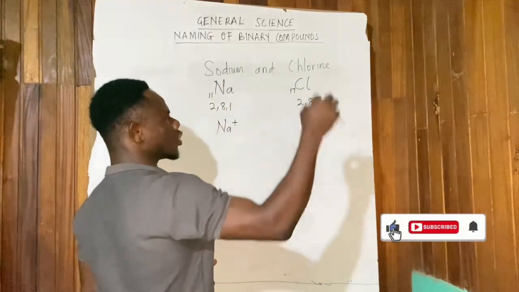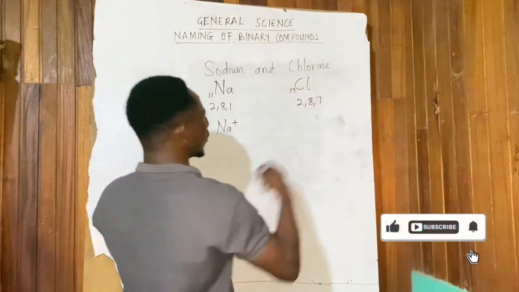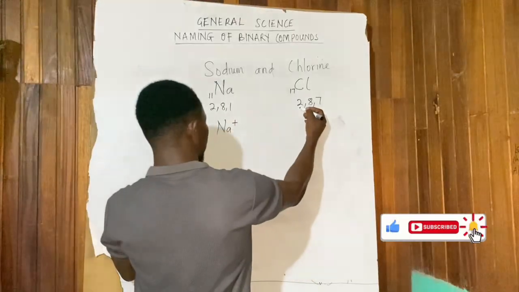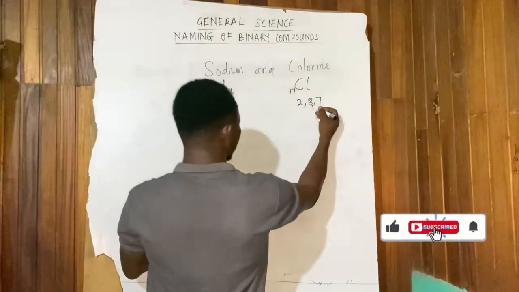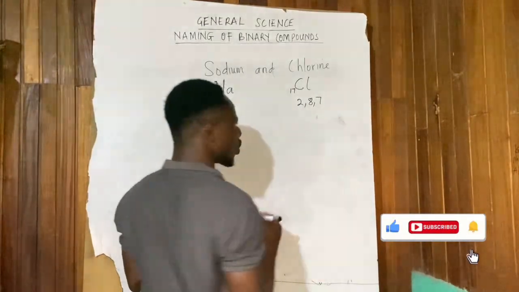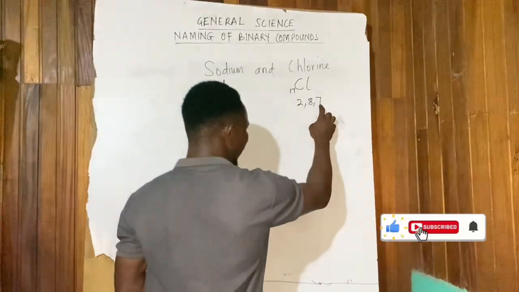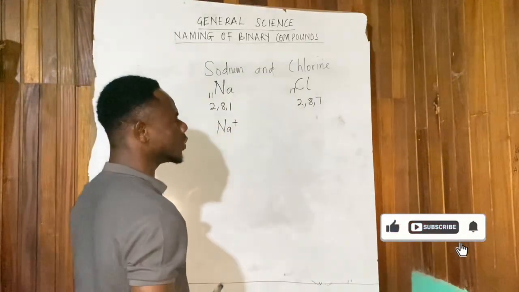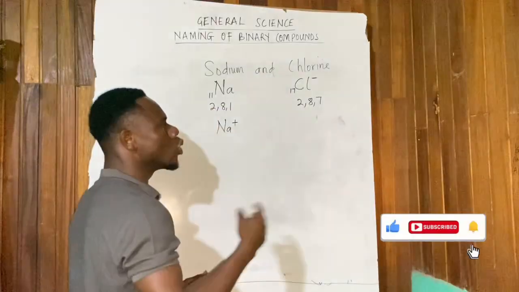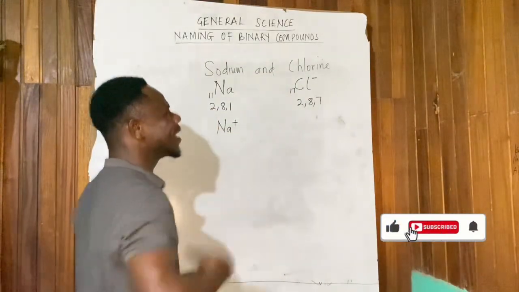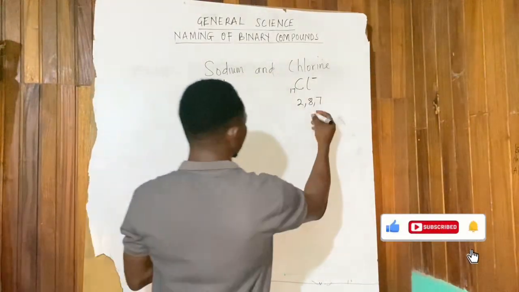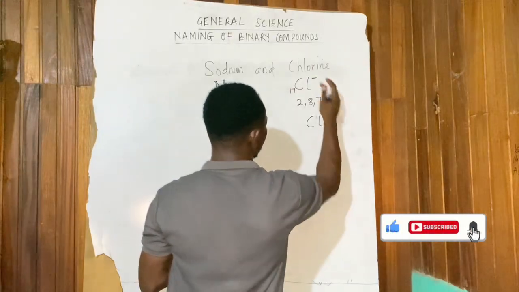Chlorine needs 1 to become stable. The first shell should take 2, the second shell 8, and the next shell should also take 8. But this is 7. How many more is needed to obtain 8? That is 1. Chlorine will gain 1 to become negative. Then chlorine is Cl minus.